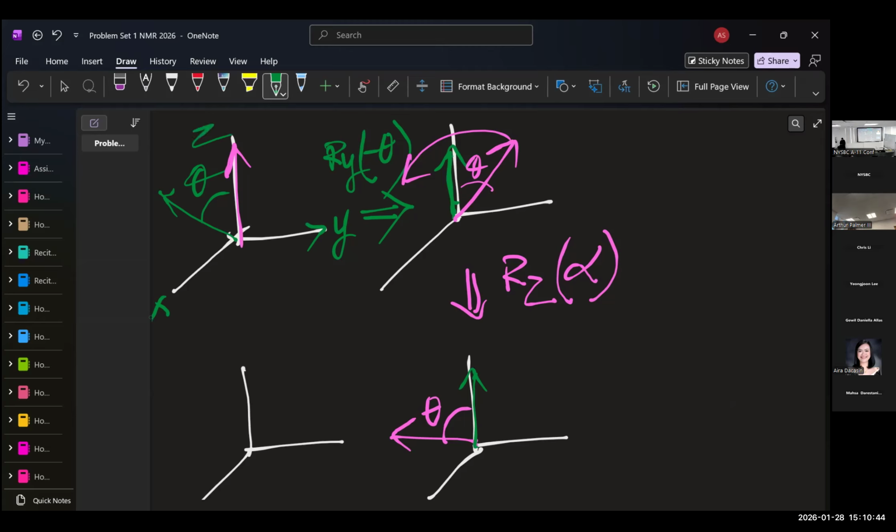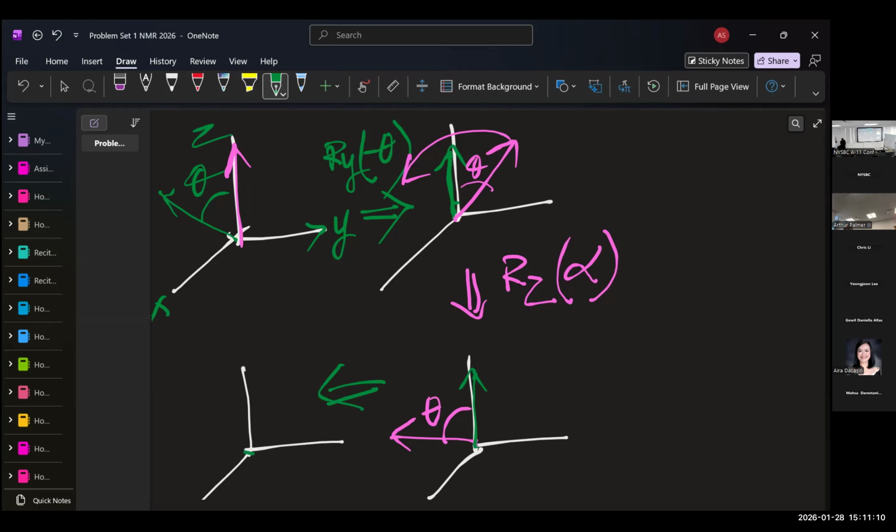Everything you do to omega has to be done to m. Right. So now this magnetization has rotated through an angle alpha. This is the effective field. It has done some rotation. Now I need to bring the effective field back to where it was so that I can come back to the lab frame.